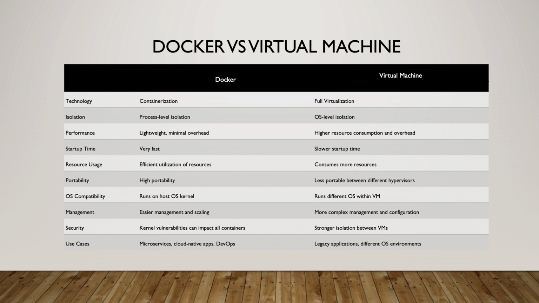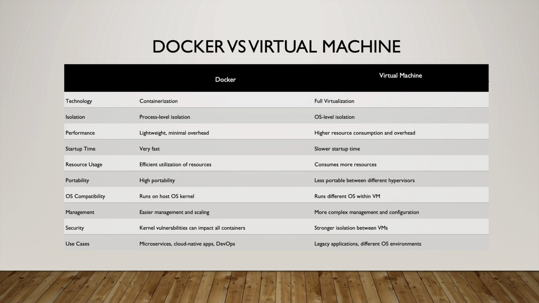When we talk about technology, Docker is containerization, whereas a virtual machine is full virtualization. When it comes to isolation, Docker is process-level isolation and a virtual machine is OS-level isolation. That means Docker is completely isolated from the OS, but your virtual machine is tightly coupled with the OS.